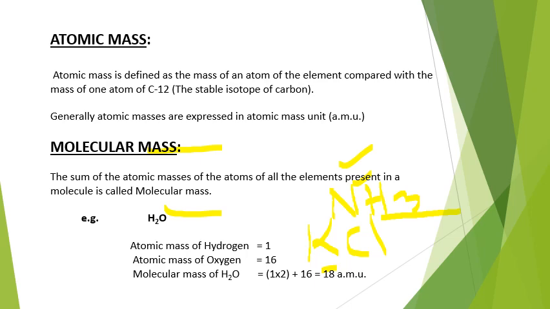Nitrogen 14 plus hydrogen 1 multiplied by 3, as there are 3 atoms of hydrogen. So the total comes out as 17 AMU. Once again, it is AMU, which stands for atomic mass unit, right?